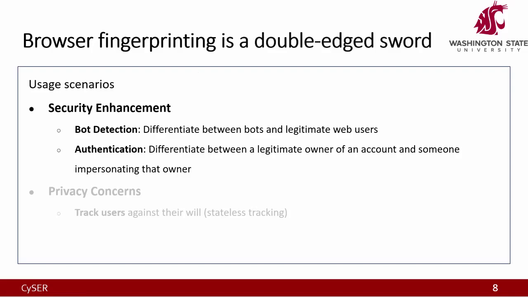So if we use the fingerprint, we can easily differentiate bots and human users. We can also use fingerprints to improve authentication. Specifically, we can differentiate between a legitimate user and someone who tries to impersonate this user. And let's look at this authentication system.